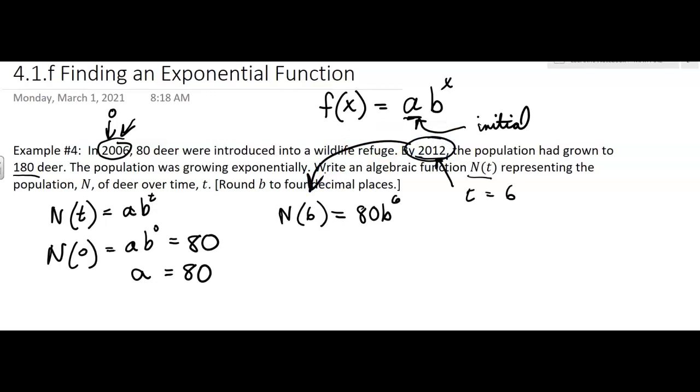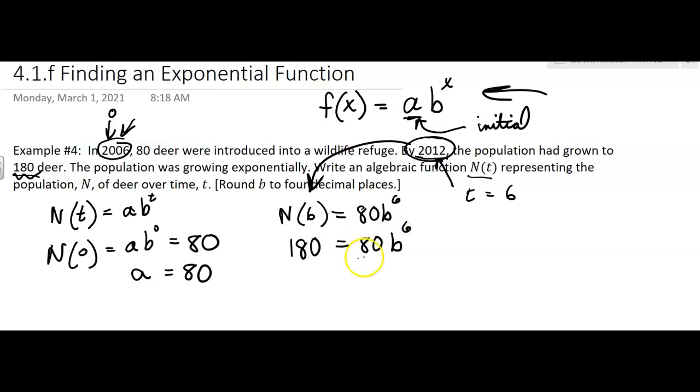We know it's going to equal 80 b to the power of 6. What we don't know is b, and that's what we're trying to figure out. Then we can write the model based on our general model of an exponential function. Okay, but we know there's 180 deer after 6 years. So we get 180 equals 80 b to the 6th power.